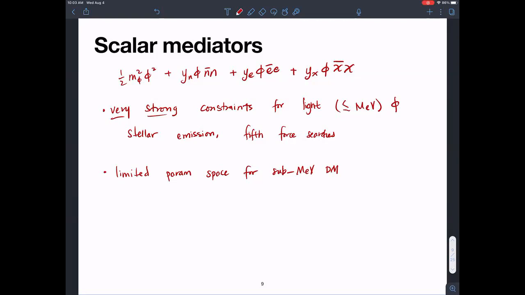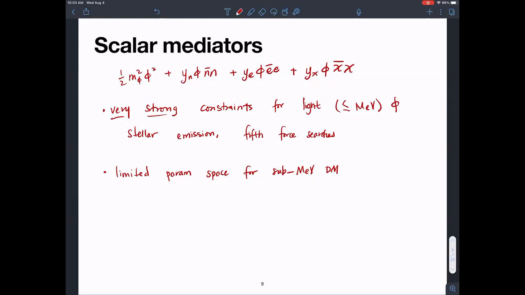And indeed, thermal freeze-out is also quite constrained if you include all the various bounds on the scalar mediator. So that's one reason it's not so easy to show clear direct detection constraints for scalar mediators, and you don't see that so often.